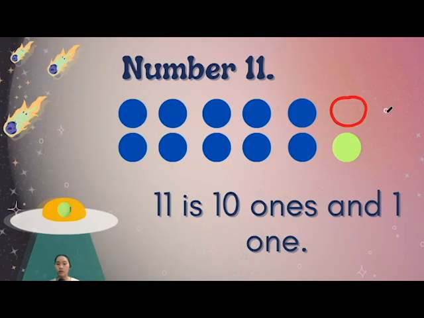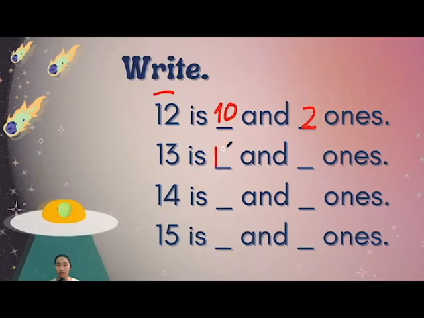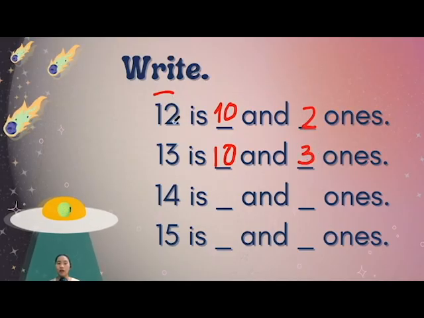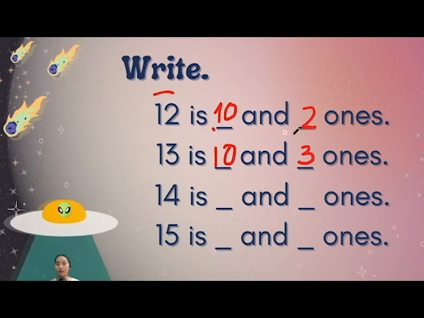The same principle, we add another circle. Now we have a group of 10 and 3 ones. So I'm going to add 10 and 3 ones. If 12 is 10 and 2, 13 is 10 and 3, what is 14?